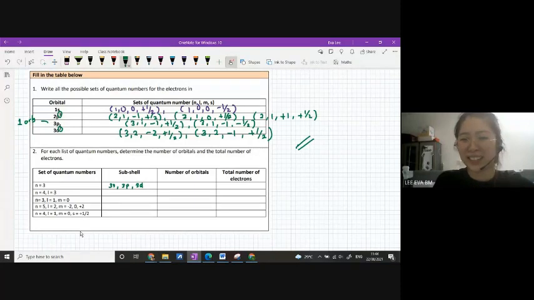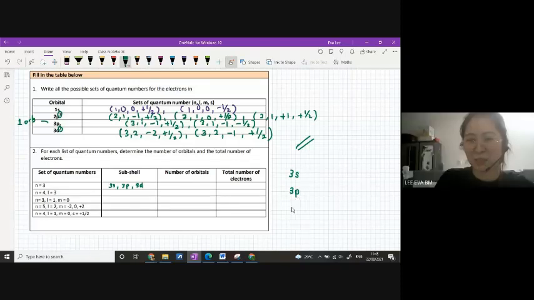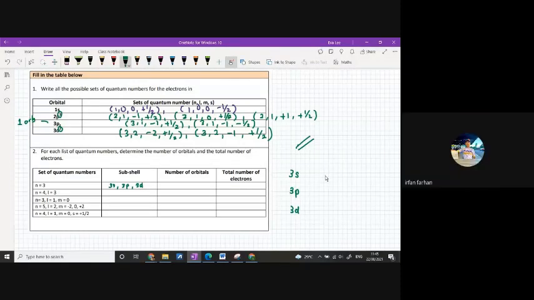Berapa orbitals ada? 3s, 3p, 3d. S ada berapa orbital? 1.